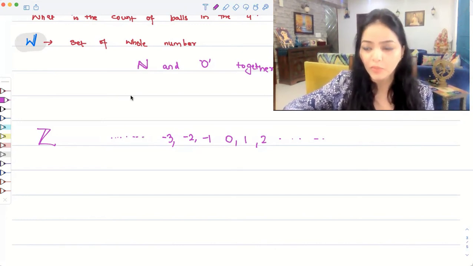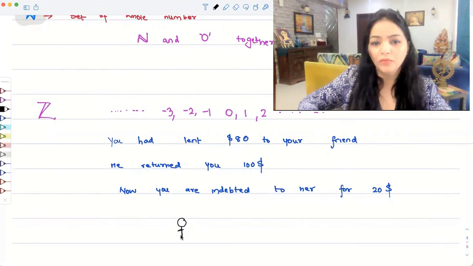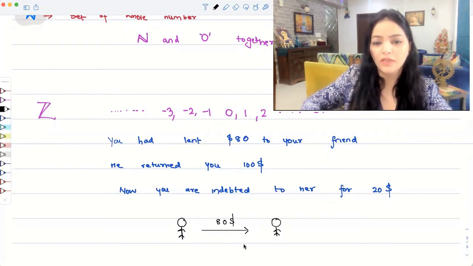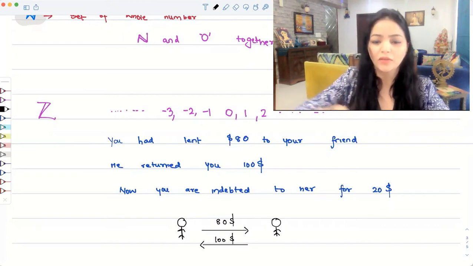Suppose you had lent $80 to your friend, and now she is returning to you $100. Of course, it's a fair friendship and there's no interest or anything on what one person is lending to the other.